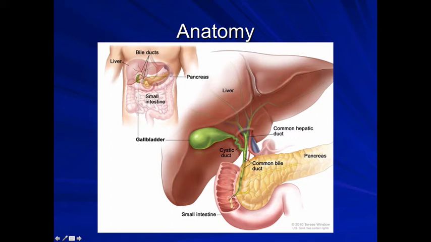This then runs down behind the duodenum in the posterior part of the head of the pancreas, and then enters into the duodenum to drain through the sphincter of Oddi at the ampulla of Vater.